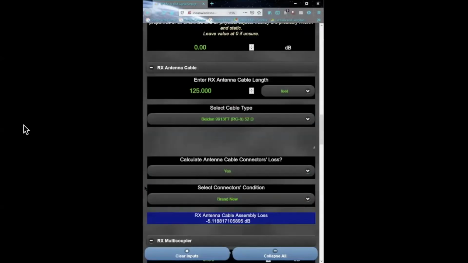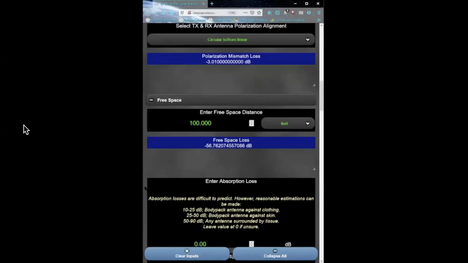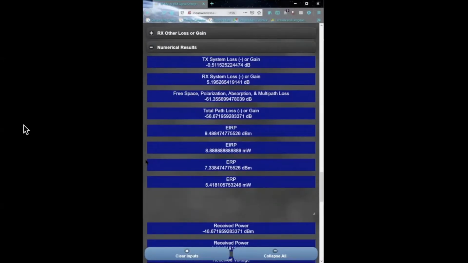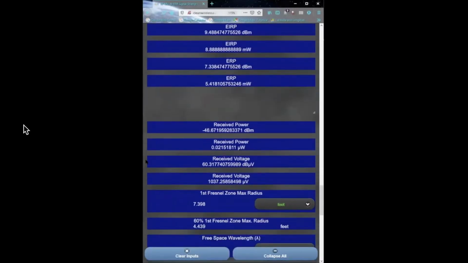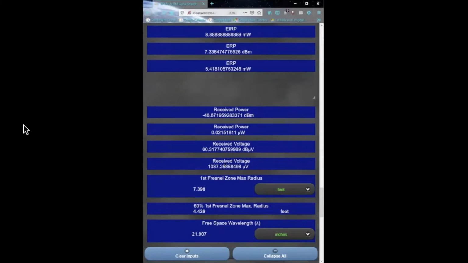That's still too much. Let's say 120. Okay, 120 feet of free space between transmitter and receiver antenna gives me about 1,000 microvolts.